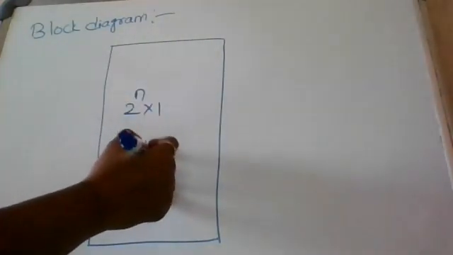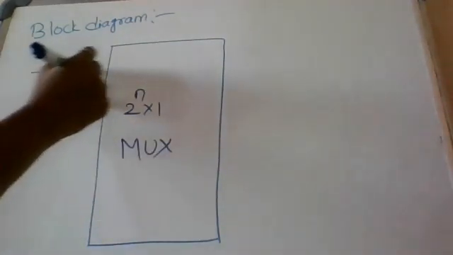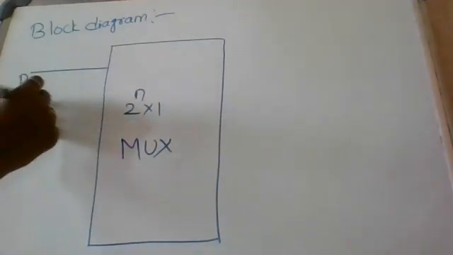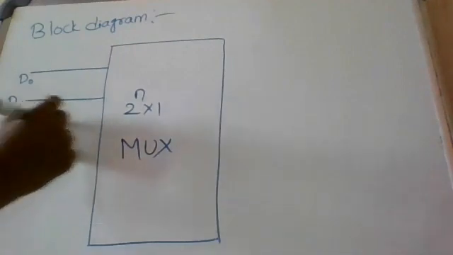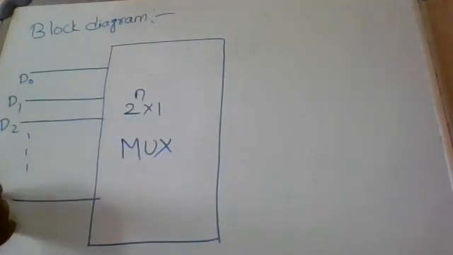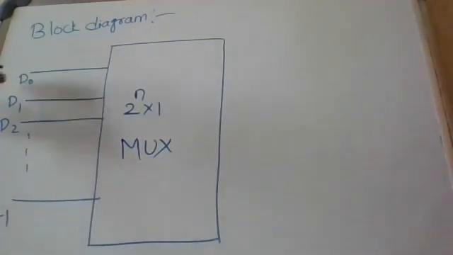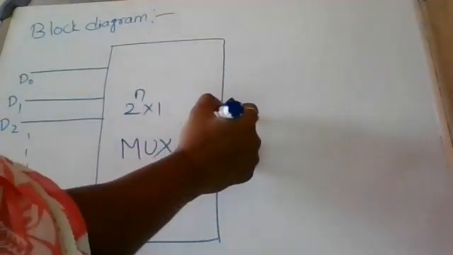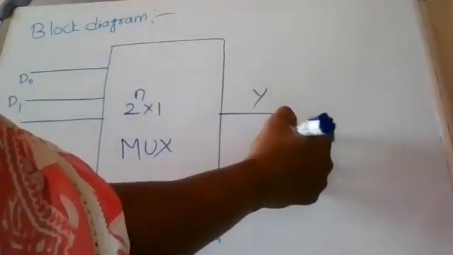So, a 2 power n to 1 mux. Here the inputs are D0, D1, up to D2 power n minus 1. So here we have 2 power n inputs, but we write D2 power n minus 1 because we start from D0.